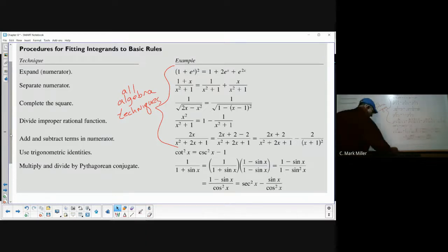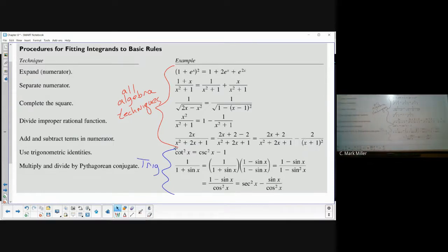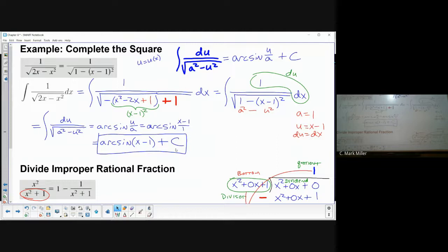These are trigonometric here. So there's really not any calculus on the slide. What there is on the slide are techniques that simplify a problem in order for you to be able to employ calculus. So I went through a few examples, just completing the square.